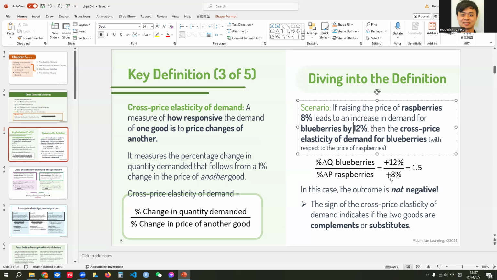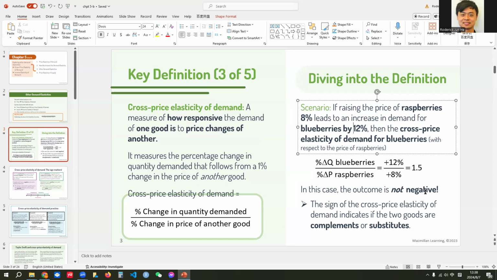So that's a positive 8%. So 8% increase in raspberry causes a 12% increase in the consumption of blueberry. So the elasticity is the percentage change in blueberry over the cost, which is the percentage change in raspberry. That is positive 1.5. And in this case, the outcome is not negative.